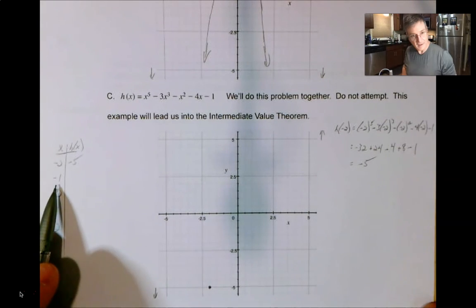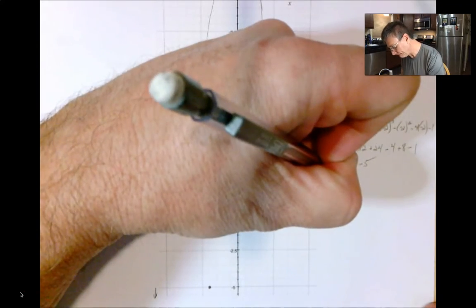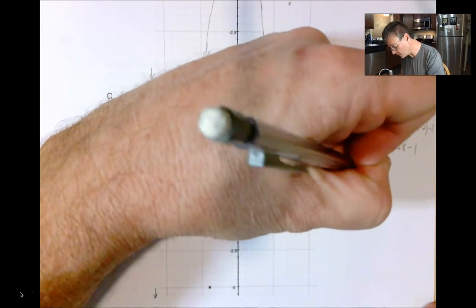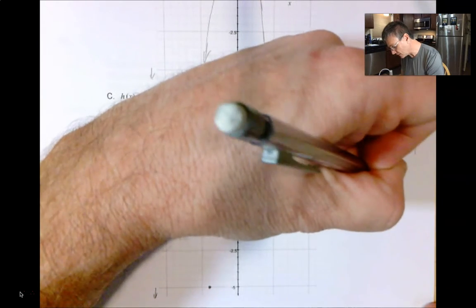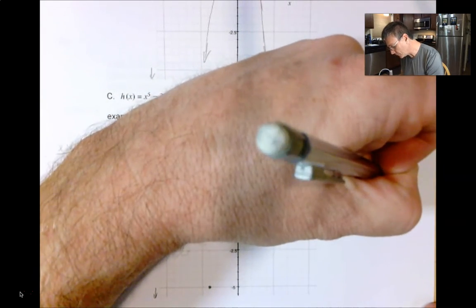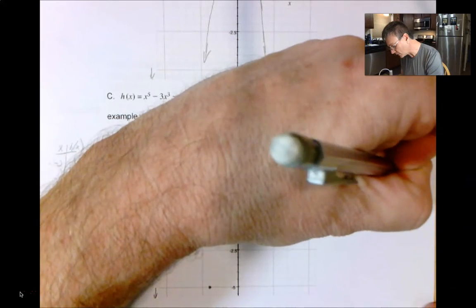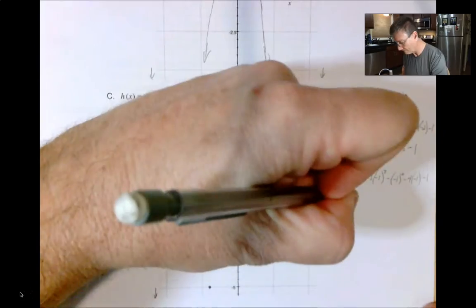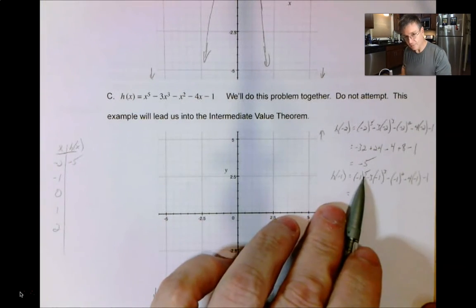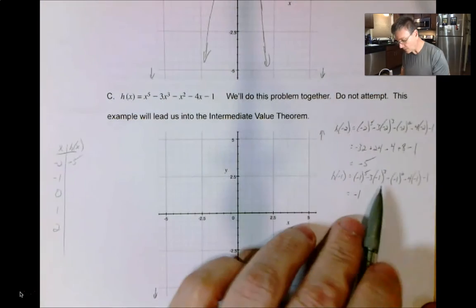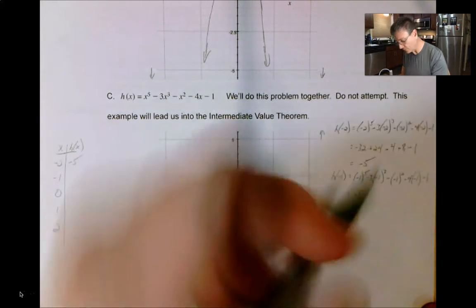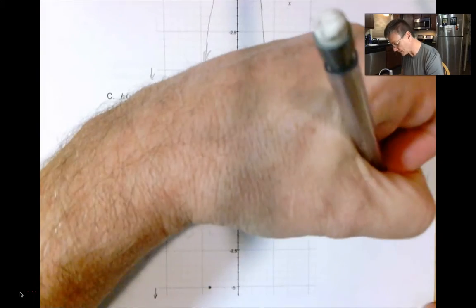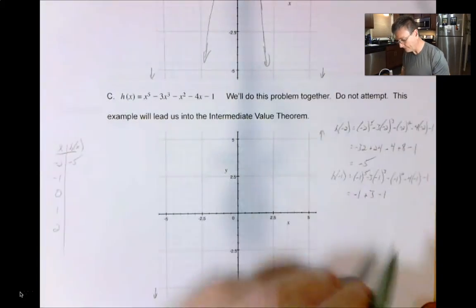Okay, h of -1. So we have -1 to the 5th minus 3 times -1 cubed minus -1 squared minus 4 times -1 minus 1. -1 to the 5th is -1. -1 cubed is -1 times -3 is positive 3. -1 squared is 1 times negative is -1.